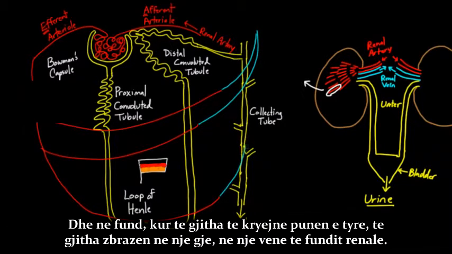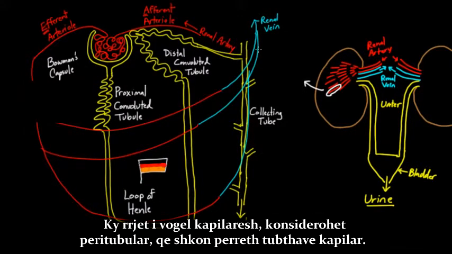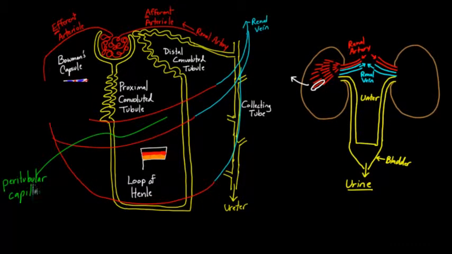And then finally, when all is said and done, it all drains into one thing, one final renal vein. And that's with all of the blood coming together. So this little network of capillaries then is considered right here the peritubular, going around the tubule, tubular capillaries. And that makes sense.